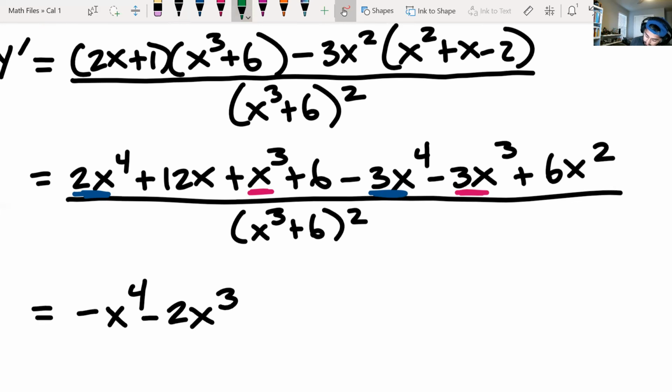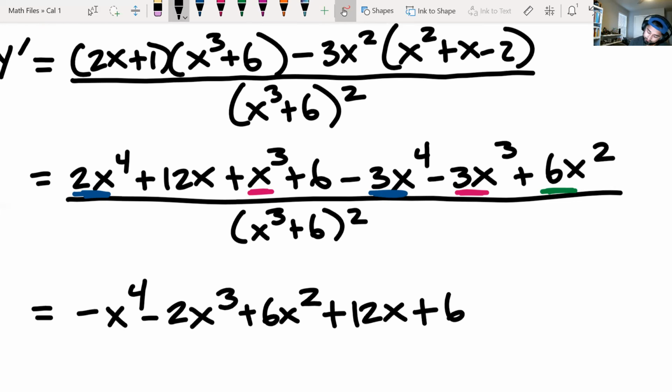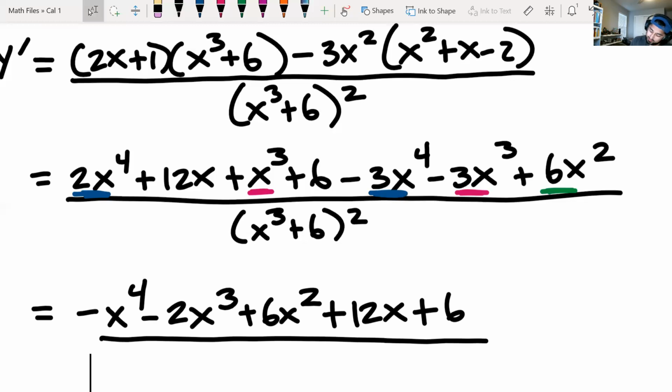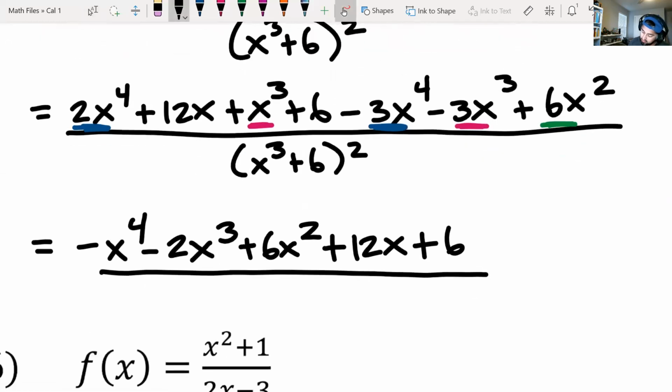And then we have our squares, which is just that guy, plus 6x squared plus 12x, that's what's left over there, plus 6. I thought more terms were going to combine. No, and that's just going to be as ugly as it is, over x cubed plus 6 squared. And there's nothing else we can combine in that numerator.